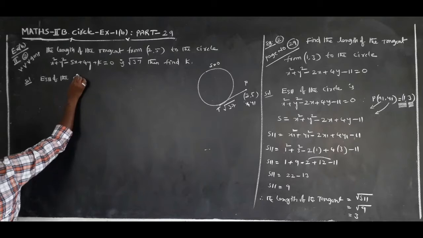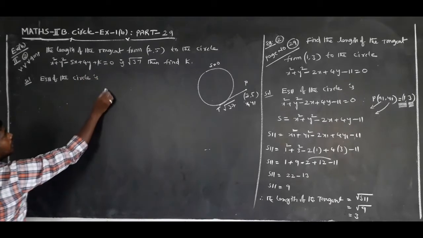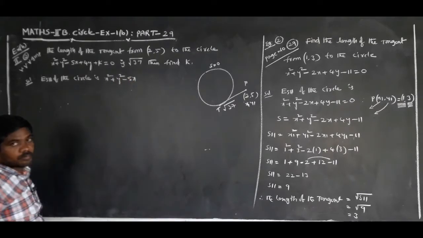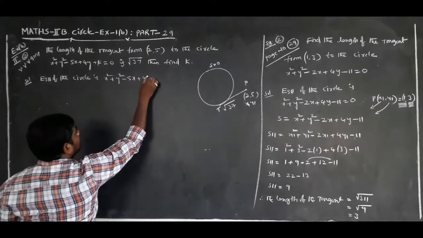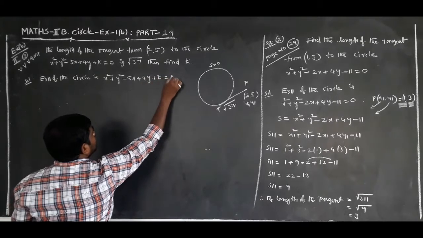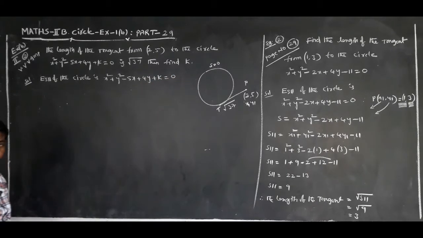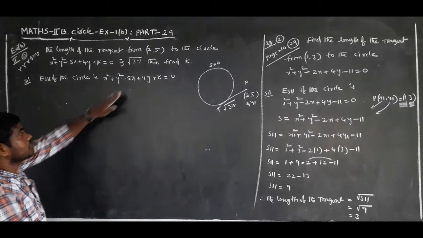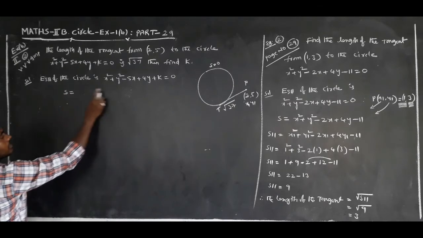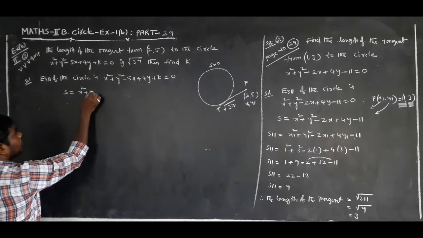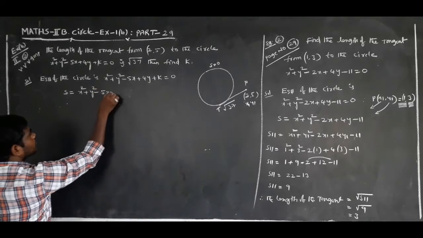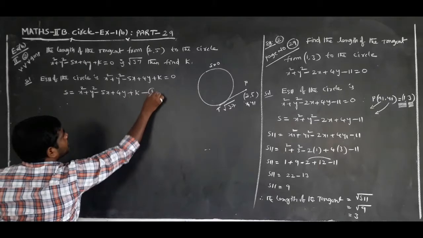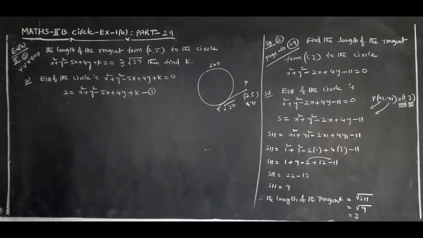The equation of the circle is x square plus y square minus 5x plus 4y plus k is equal to 0. The given equation is denoted by S. Here S is equal to x square plus y square minus 5x plus 4y plus k.